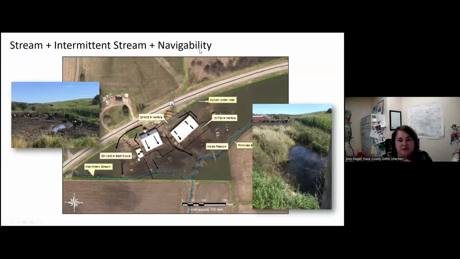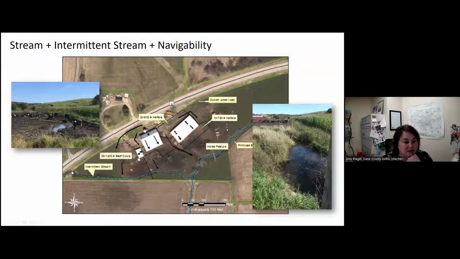And in this particular case, we were able to go out to the surface water data viewer and determine that navigability determinations had been done on this stream. So we know that this is navigable. And that's the homework we did in the background before going out to the site to address a performance standard.